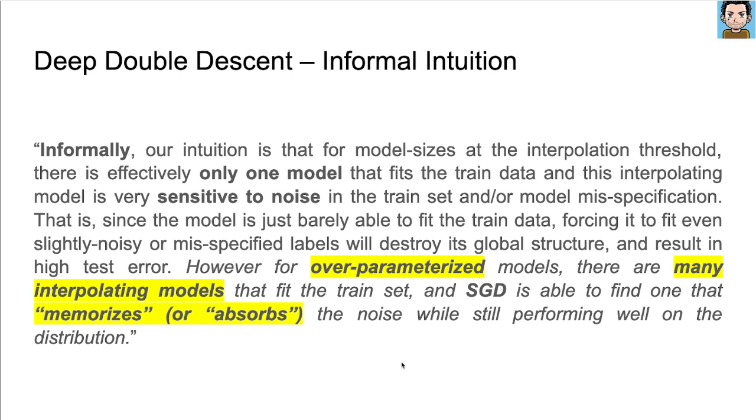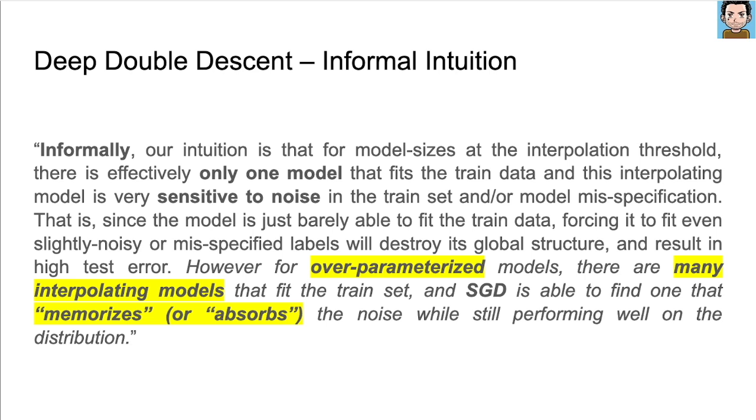However, for over-parameterized models, there are many interpolating models that fit the train set, and SGD is able to find one that memorizes or absorbs the noise while still performing well on the test distribution. To summarize this, an under-parameterized model effectively offers one model that is sensitive to noise.